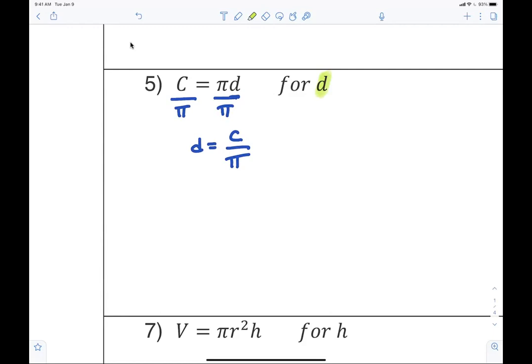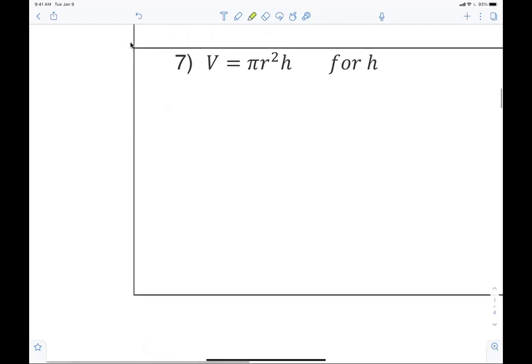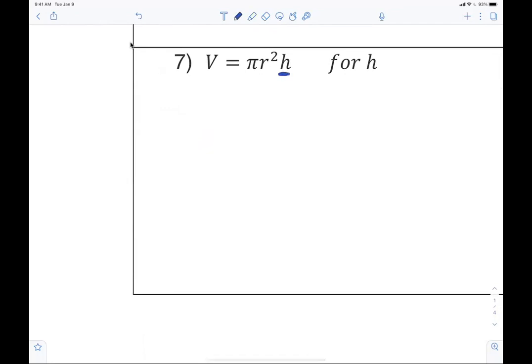Let's try another one. Number 7. Solving for H. So the volume of a cylinder is pi r squared H. So again, you're solving for H. So what do I have to get rid of? Pi times r squared.